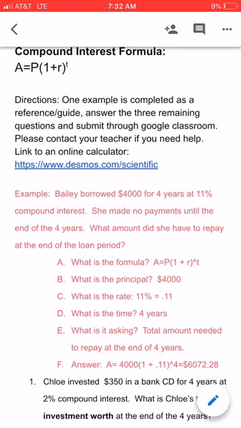In parentheses, we're always going to put 1 plus. Don't forget that 1 plus. 1 plus the rate. We found the rate was 0.11. And then we're going to learn how to put that little t, the time, in that exponent form. So 4,000, and in parentheses, 1 plus R, the rate is 0.11, and the time is 4 years.